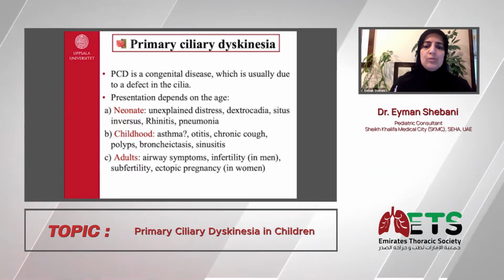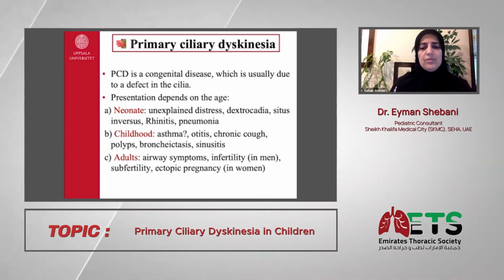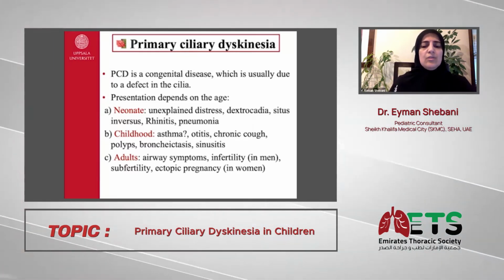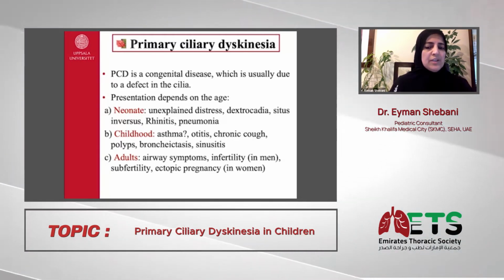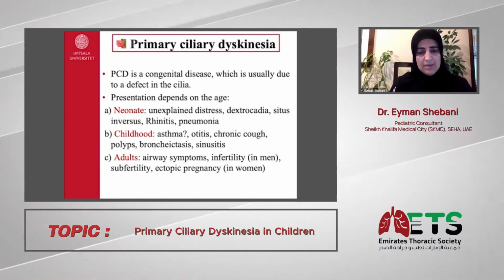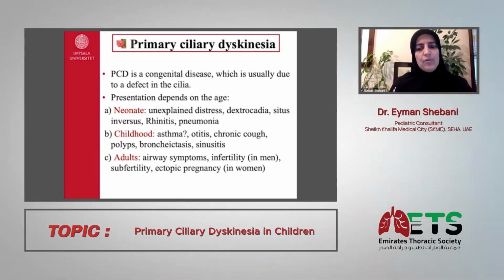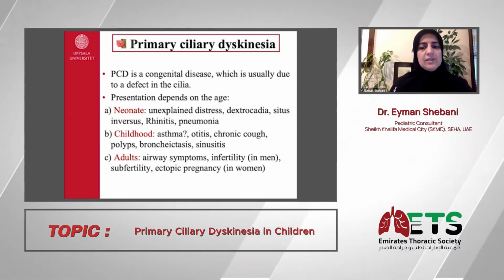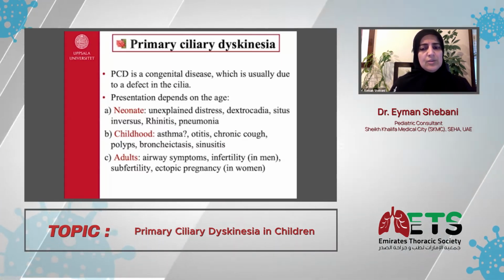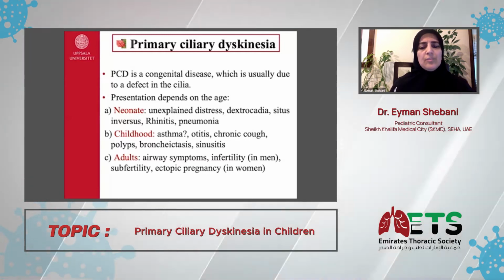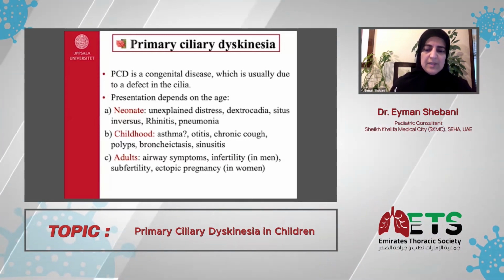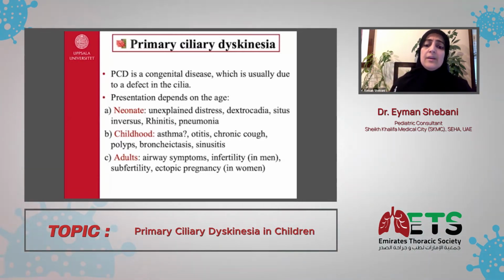And also if they're presenting with pneumonia or rhinitis, or later on in childhood, these patients can be diagnosed as asthma for a long time before actually having the PCD diagnosis confirmed. That's why it's always good to keep in mind someone who is not improving and is not well in between asthmatic episodes. Same as when we think of CF, actually.